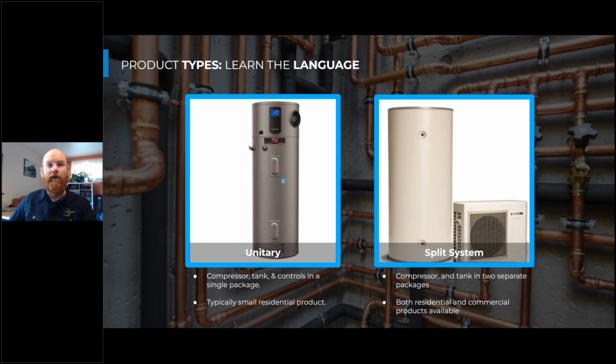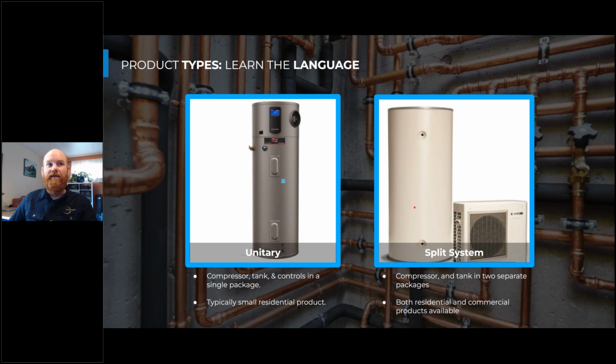But there are also split system heat pumps, which we have on the right side of the screen here. And by split system, all we're doing is splitting out the heat pump, which has the compressor, evaporator, and other components in it, from that storage tank. Right here, I'm showing a Sanden Sanco2 heat pump water heater, which is again a residential sized heat pump water heater.